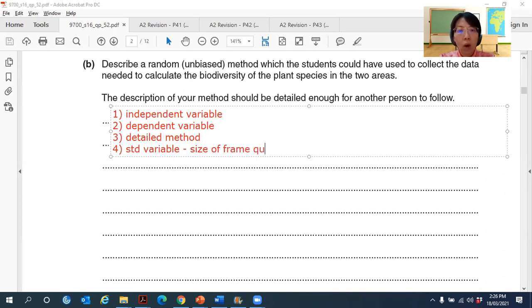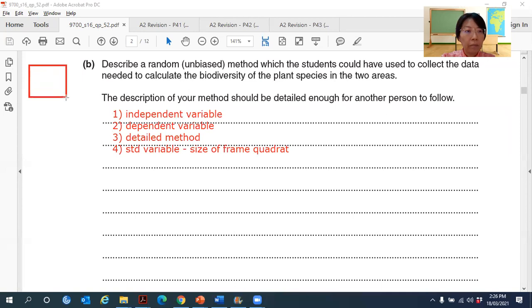quadrat, the frame quadrat. Now in the mark scheme, they actually mention there are two types of quadrats here, either point quadrat or frame quadrat. Now the frame quadrat is actually made up of a metal frame or plastic frame or flexible fabric frame. So it's a frame whereby inside it you have strings to further divide it into smaller sections, just in case you want to measure percentage cover.